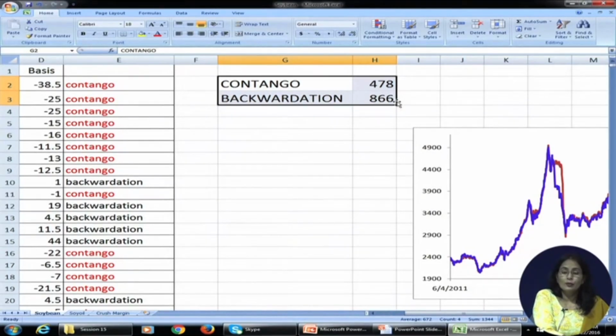As a person analyzing prices, if you probe further, you will be able to get a clue why soybean has been backwardated for a long period of time, and that also we are going to discuss in detail.